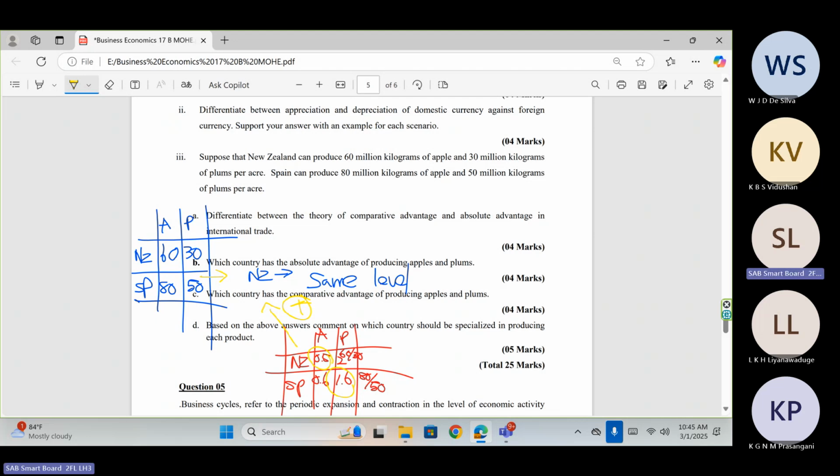So then you have to consider, even though Spain has the absolute advantage of producing both products, by looking at this answer, this is very important.